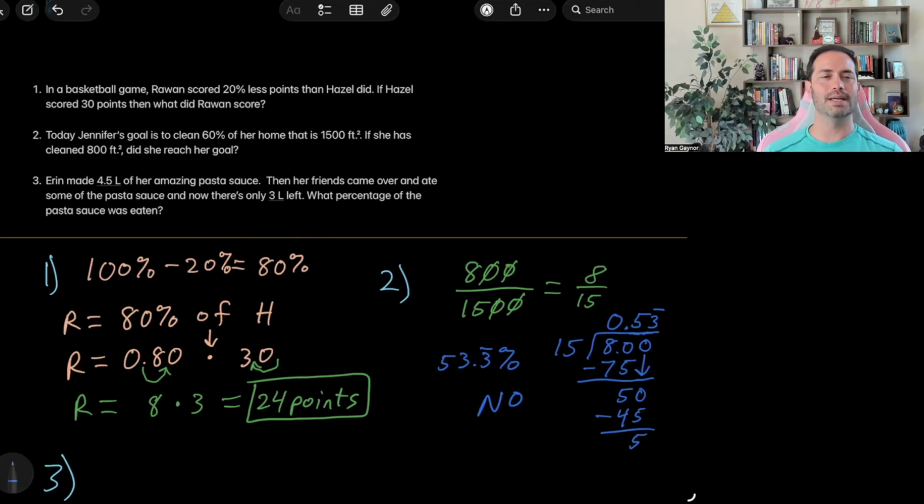So let's read that again. Erin made 4.5 liters of her amazing pasta sauce. Then her friends came over and ate some of it, and now there's only 3 liters left. What percentage of the pasta sauce was eaten?